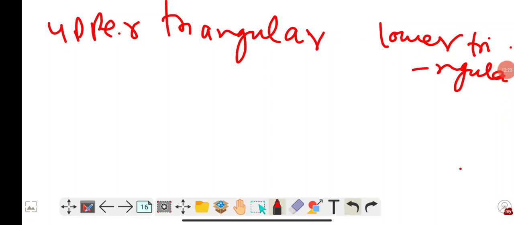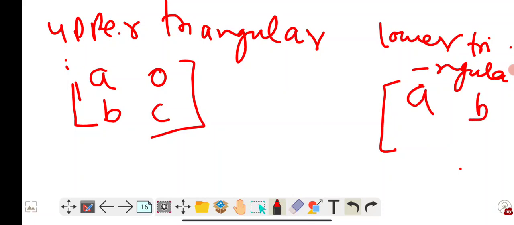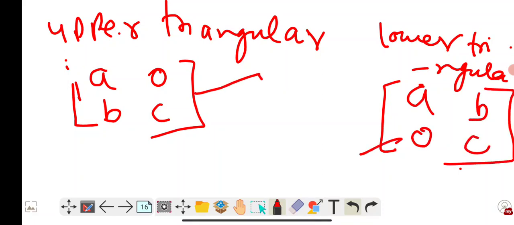For an upper triangular matrix, the elements below the diagonal elements are 0, and in a lower triangular matrix, the elements above the diagonal elements are 0. A B, 0 C. This is an upper triangular, and this is a lower triangular.